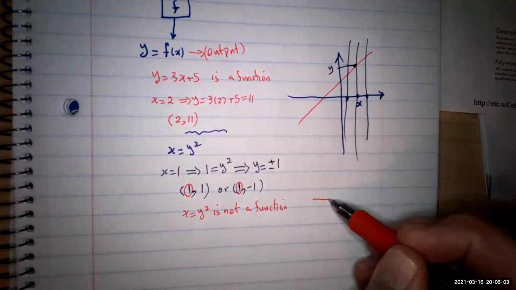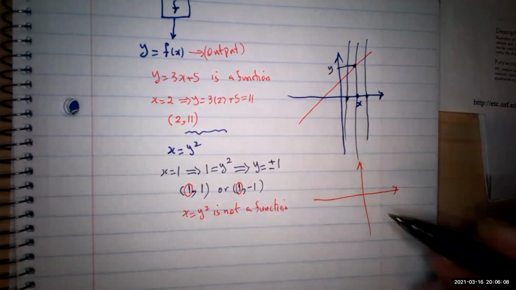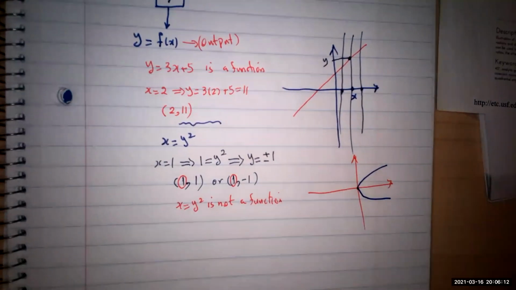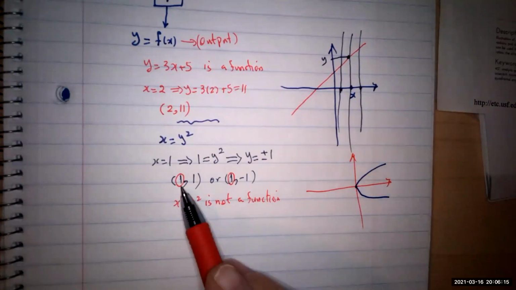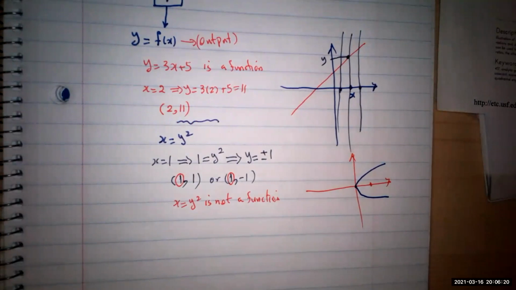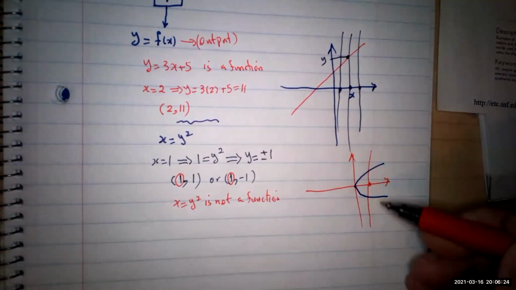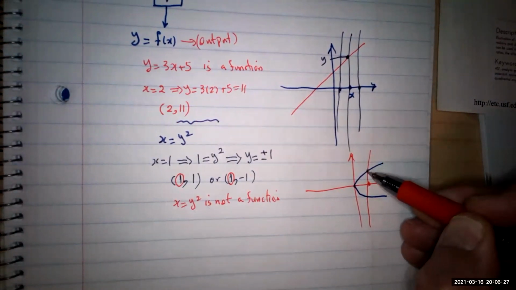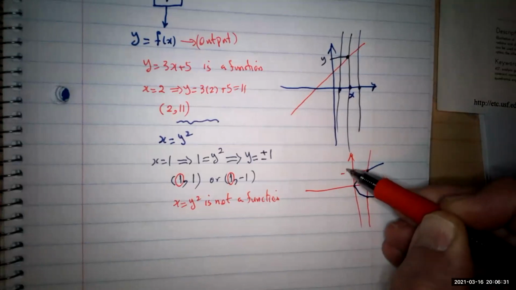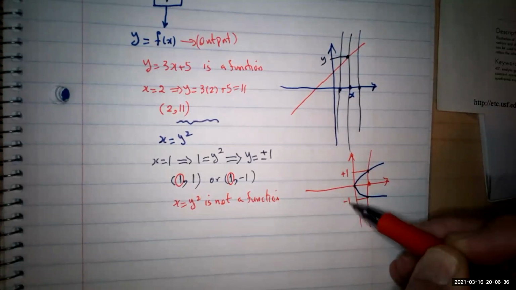If you graph it, the graph would be of this format. If you give me one x and I draw the vertical line, I will be intersecting the graph at two points. This point is a positive one, and that's going to be a negative one.